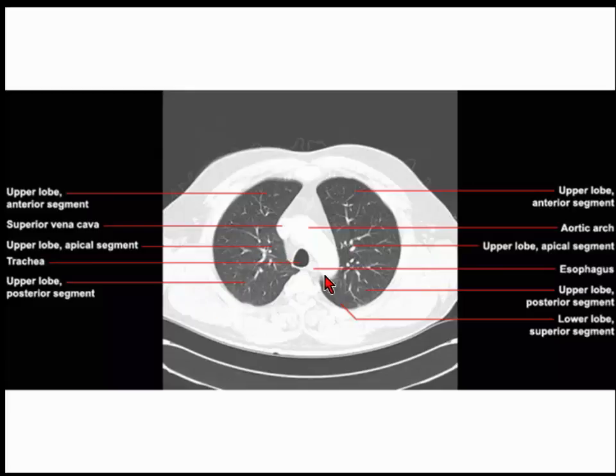Obliques are on both sides, running obliquely from T4 down, and if you follow this, it will go up and down. The horizontal fissure will only be horizontal, and it divides the upper lobe and the middle lobe, and the middle lobe and the lower lobe by the oblique fissure.